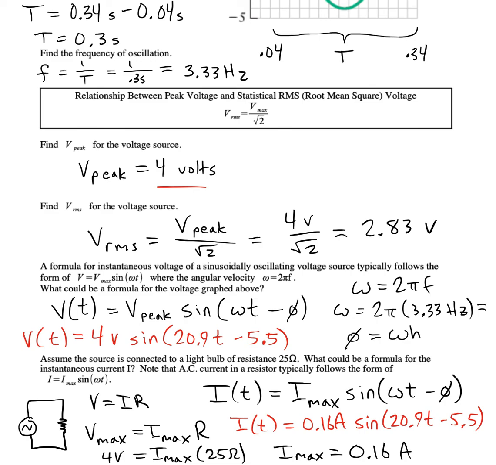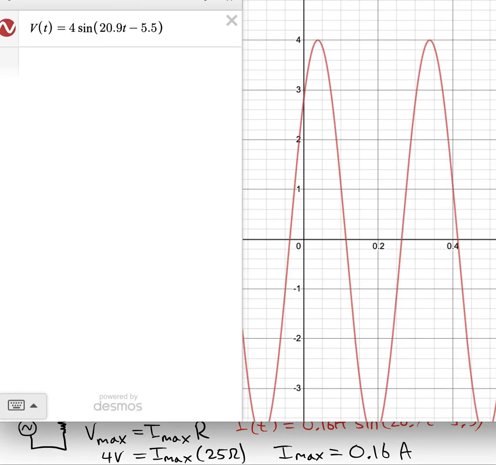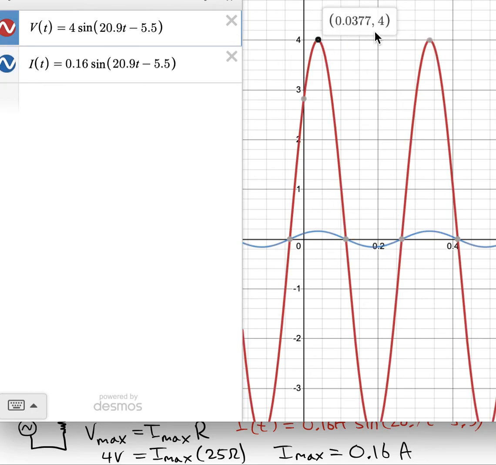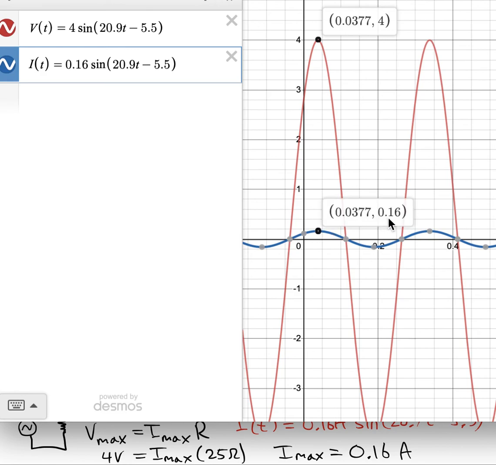Let's plot this within Desmos and see how the current versus time and voltage versus time graphs compare. As we can see, when the voltage is at its peak value of 4, the current reaches its peak value of 0.16 amps.